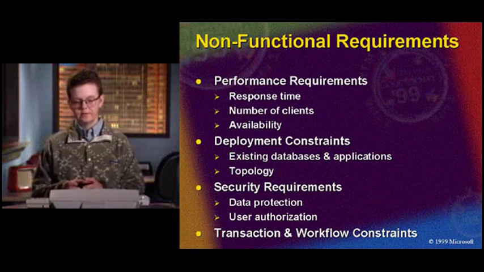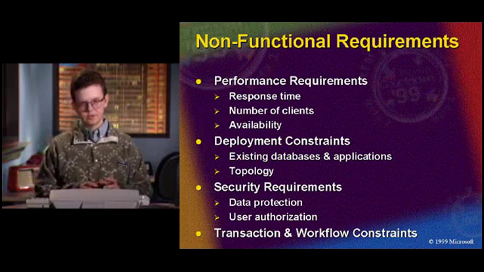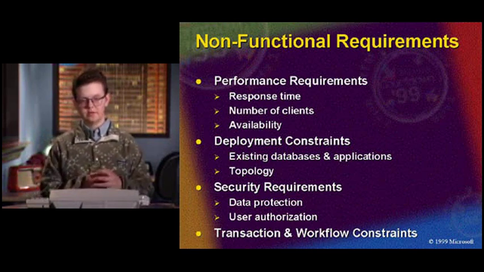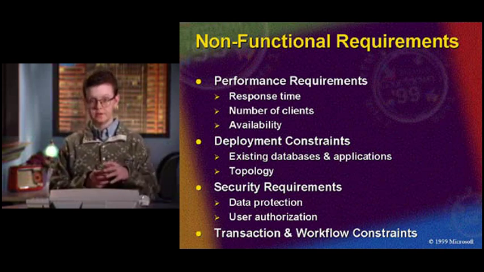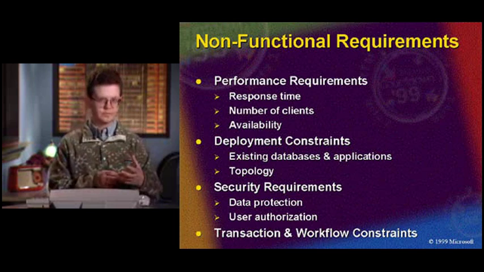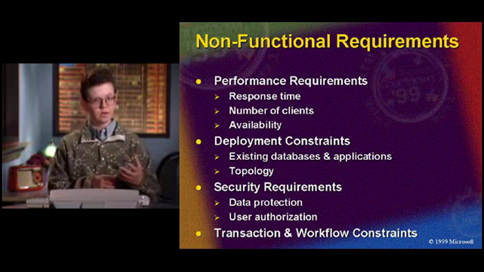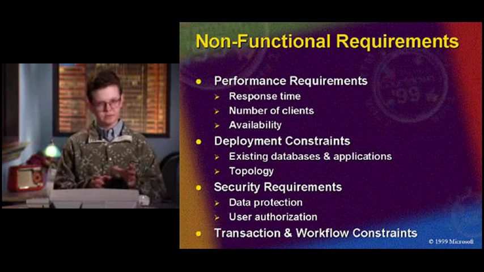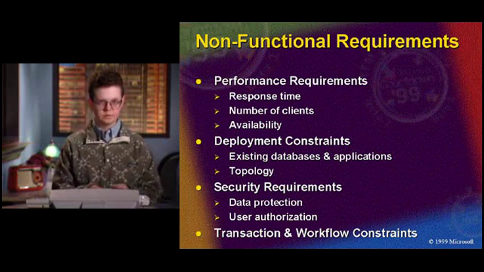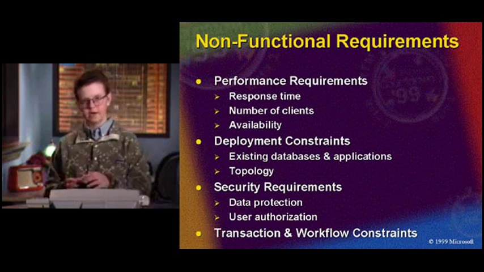And so you need to think about what the transaction requirements are of particular methods and how they group together when you're figuring out what methods go in a particular interface, what interfaces go in a particular component, what components get packaged together. So these requirements, even though they aren't directly tied to any particular scenario, end up impacting your design.